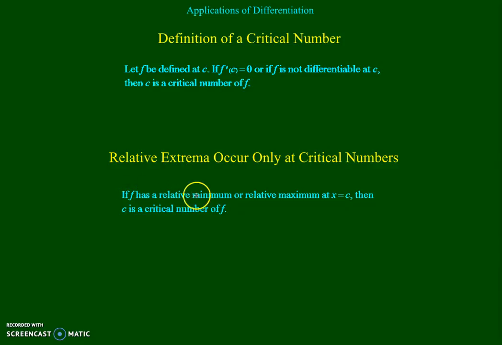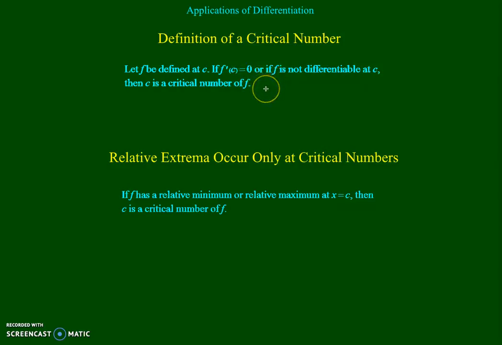If f has a relative minimum or relative maximum at c, then c is a critical number of f. So we've just discovered a way for us to find the extrema of functions. That's all we have to do is take a look at the derivative, and if the derivative is either 0 or undefined at any particular point, that point is an extreme value.